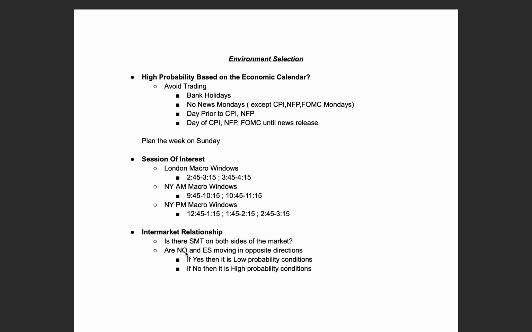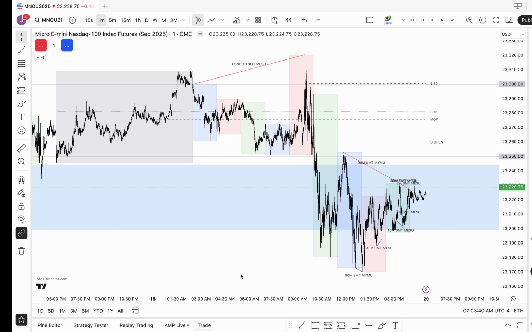So really, NQ and ES, you want to make sure there's no significant SMT on both sides of the market, and that they're moving in tandem, at least during your session of interest or during that week. If they are moving in opposite directions, it's lower probability. If they're congruent and moving together, it's higher probability.